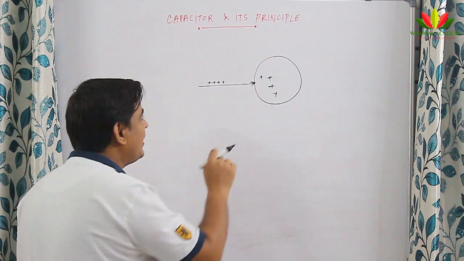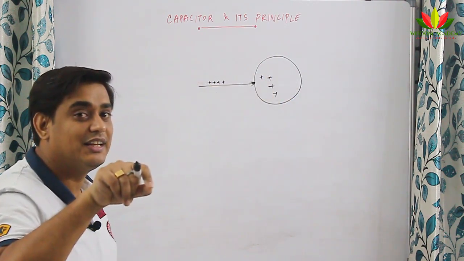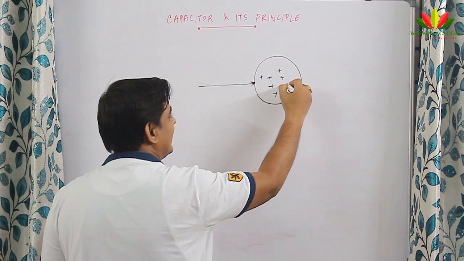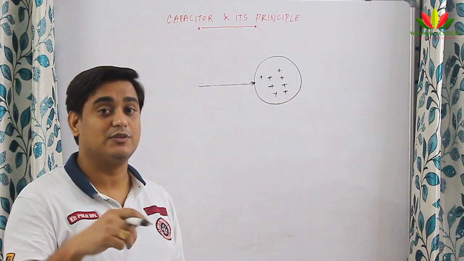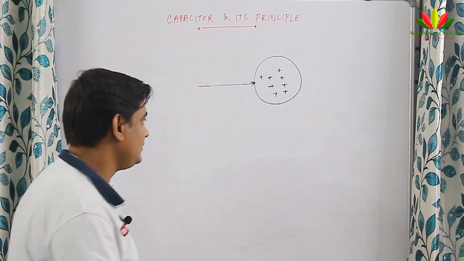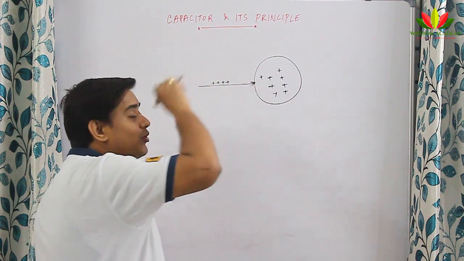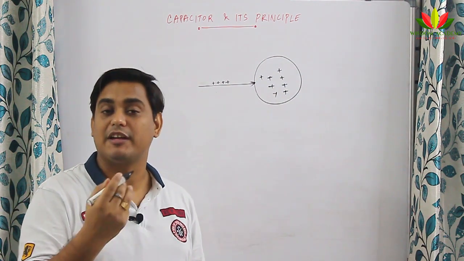So, in order to make this charge go inside, I need to do some extra work. That work I am doing to push it inside will be stored inside the conductor as energy, because we know that work done is nothing but energy. Now, I send 4 more charge. For sending these, I will have to do more work than previously.